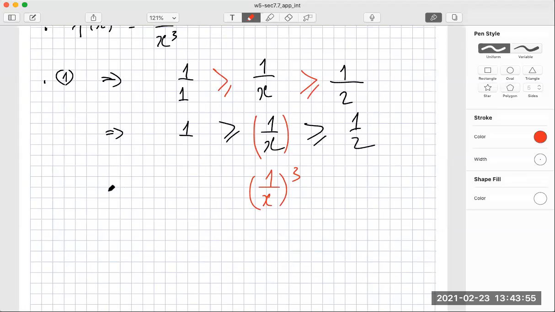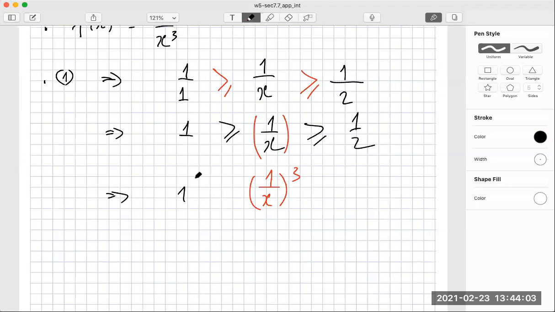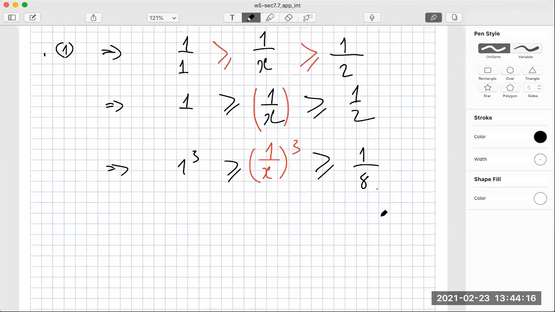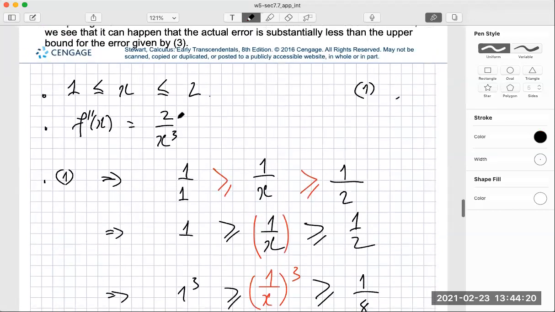But it is still a positive number, and it's still true here. Then we know that this is the second derivative, right?